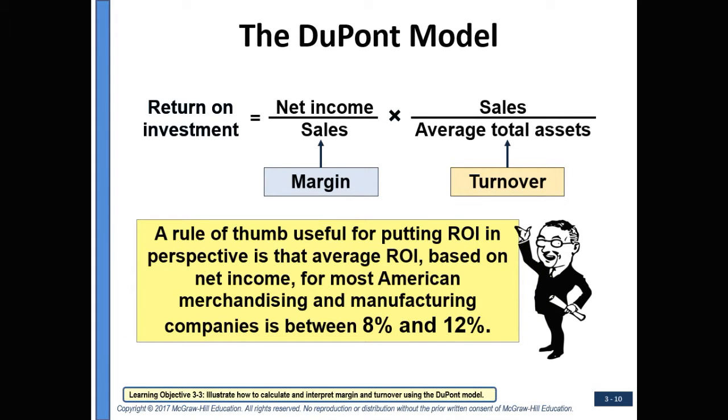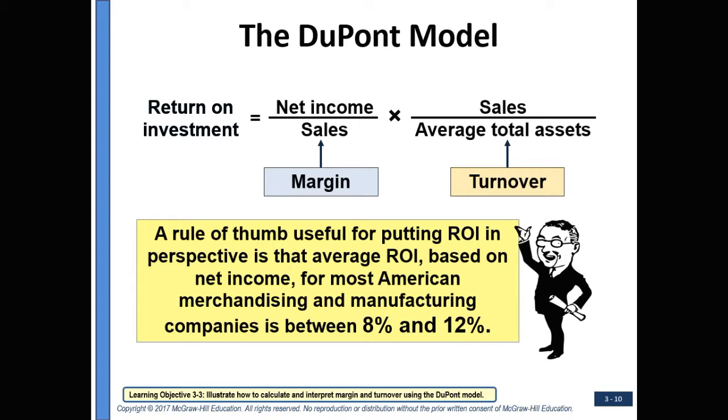As a general rule of thumb, the DuPont model and its ROI perspective is that average ROI based on net income for most American merchandising and manufacturing companies is going to be between 8 and 12%. Now remember, this is a general rule of thumb.